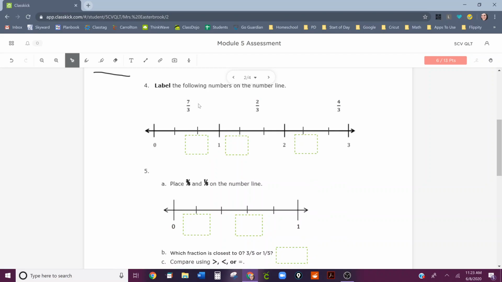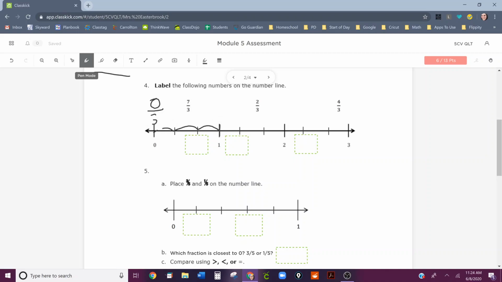So first it has 7/3. Well, I can either just count, or I can go ahead and label. That's really up to you. I'm just going to go ahead and label all the fractions. So I know this starts at 0, and it's broken into thirds, right? 1, 2, 3 pieces to get to 1 whole.